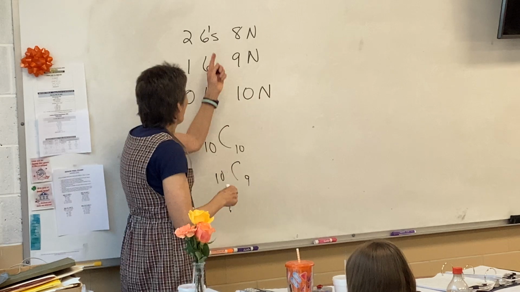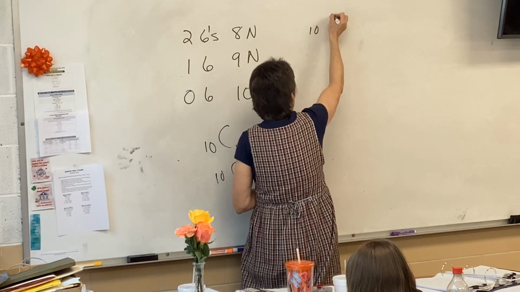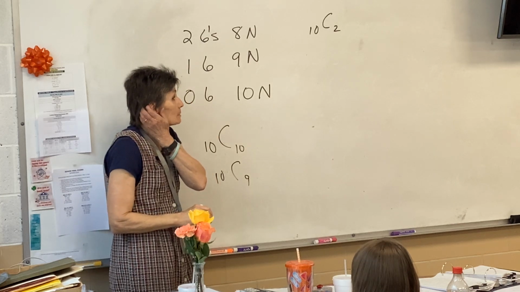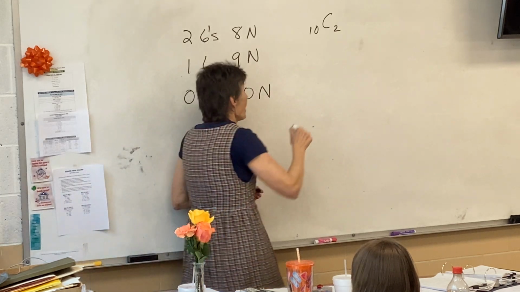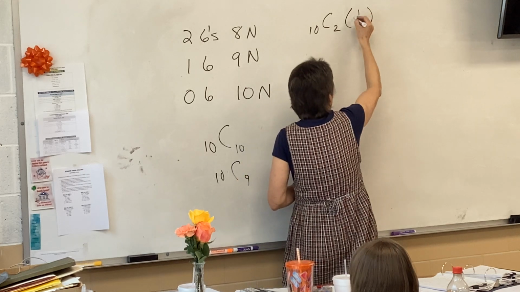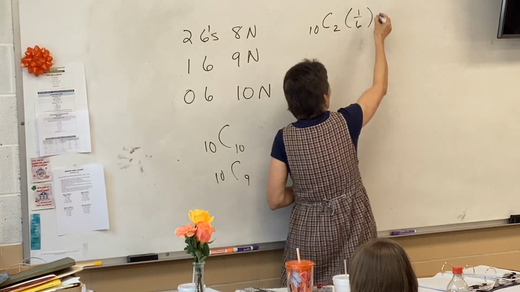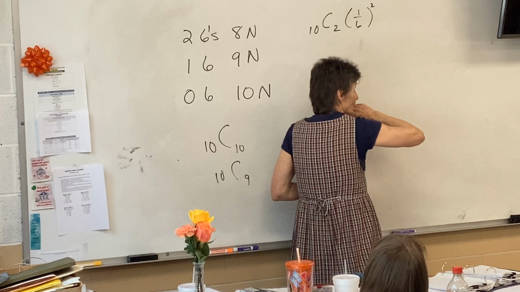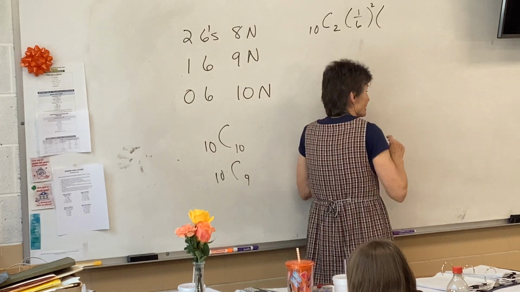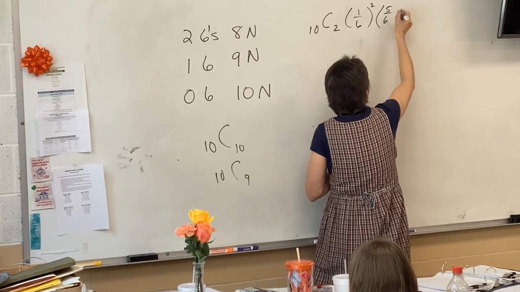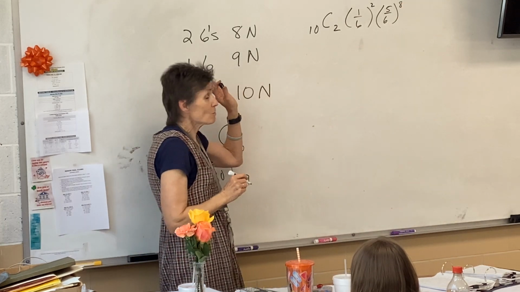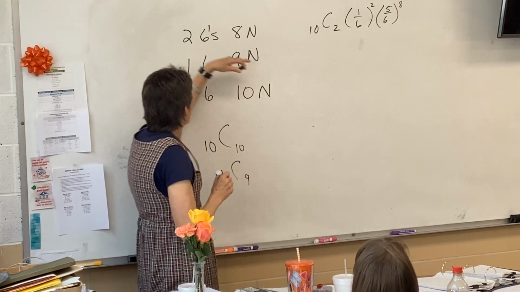Okay, wait. I want 10 rolls, 2 6s. Then the probability of a 6 is 1/6, and I want 2 of those. And the probability of not a 6 is 5/6, and I want 8 of those. So whatever that is, that's this.